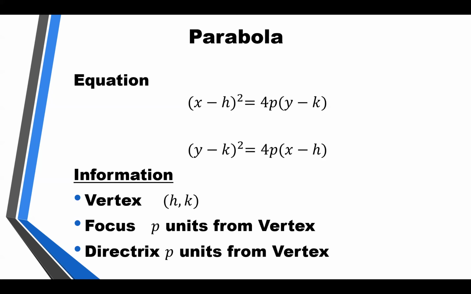Now, another type of conic section that we're going to look at is the parabola. There are going to be two versions of parabolas that I can draw in the xy plane. One version is parabolas which point up and down. The other version is a parabola that points left and right.